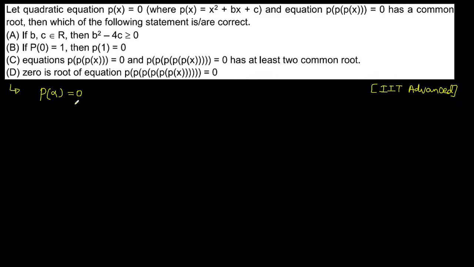P(beta) is 0. And we can say that P of P of alpha, if alpha is common root, should be 0. Then P of P(alpha) is 0. P(0). P(0) is what? P(0) is P of C. And P of C is what? C square plus BC plus C.